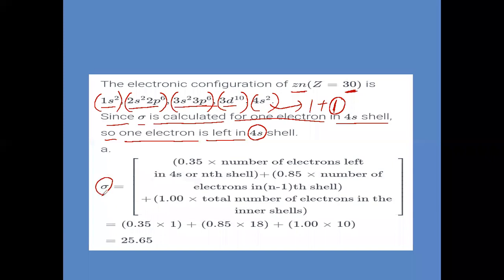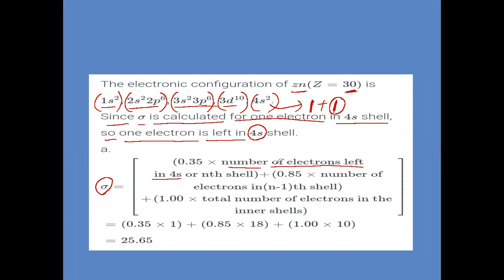Now the sigma value is nothing but the screening constant or shielding constant. How to calculate it: the number of electrons left in the 4s orbital, other than the one electron selected, is 1.